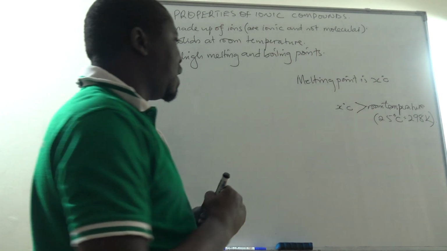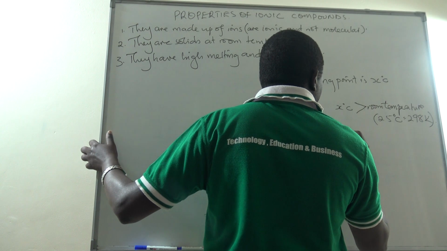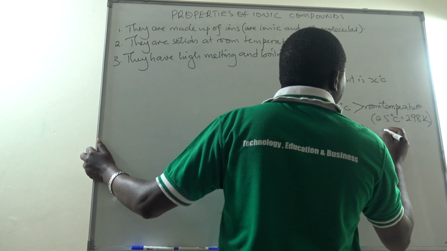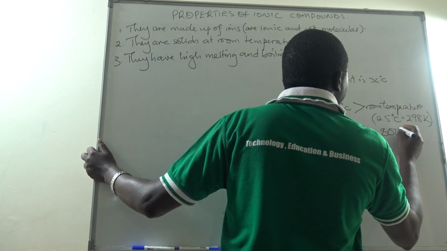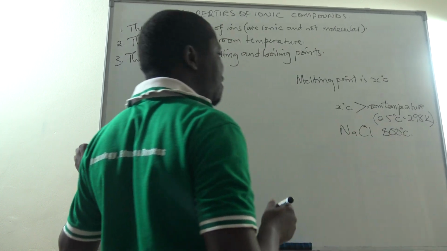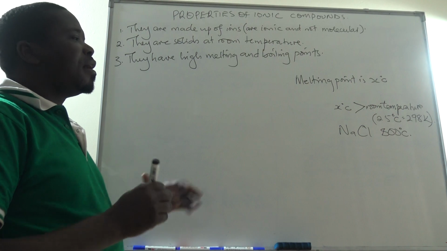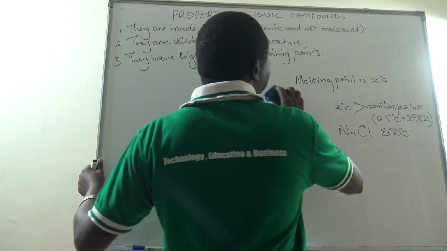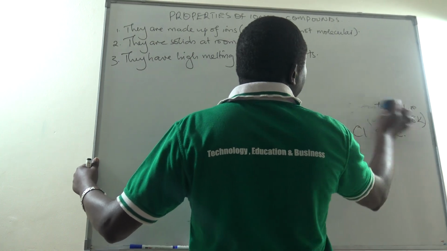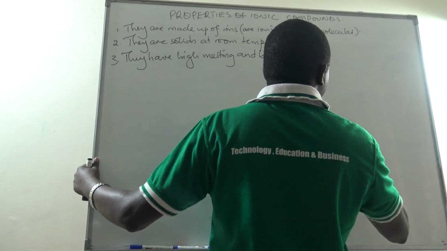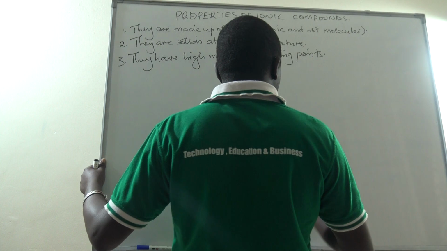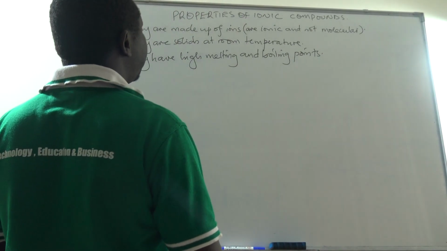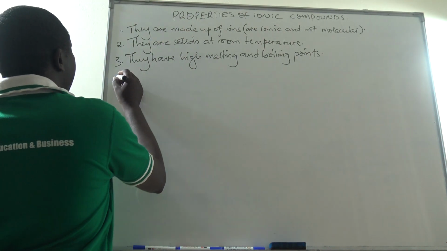A point in case is sodium chloride, or common salt. It melts at about 800 degrees C, which is far higher than the room temperature. So you find that at room temperature, they are still solids, all these ionic compounds. So they melt at a temperature which is above the room temperature. And indeed, the melting points are very high.